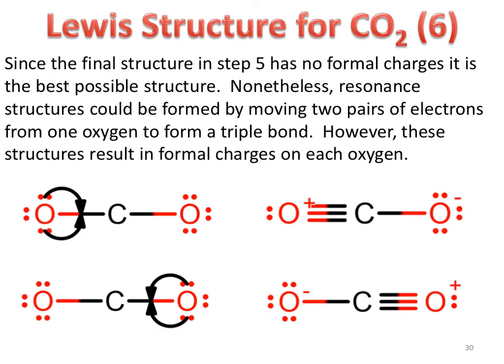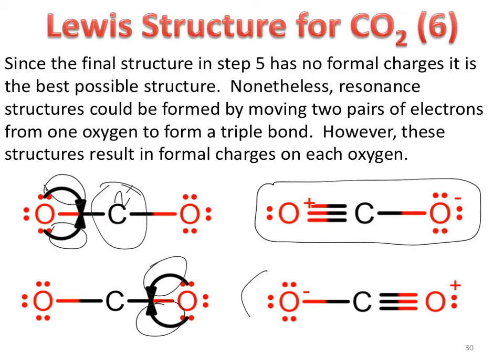However, we could have drawn the carbon dioxide molecule a little differently, one where we reduce the 2+ formal charge on the carbon by moving 2 lone pairs from either the oxygen on the left or the oxygen on the right, creating these 2 new structures where there is a triple bond and a formal positive charge on one oxygen and a formal negative charge on the other in both cases.